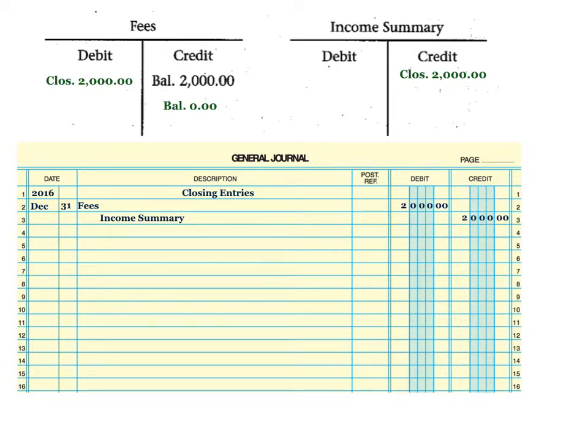So this is the complete journal entry for the closing of the revenue account into the income summary. And now again, the difference with this journal entry is that we have the words closing entries at the very top, and we no longer need a third line that shows the description or the reference to the source document, because this is a closing entry.